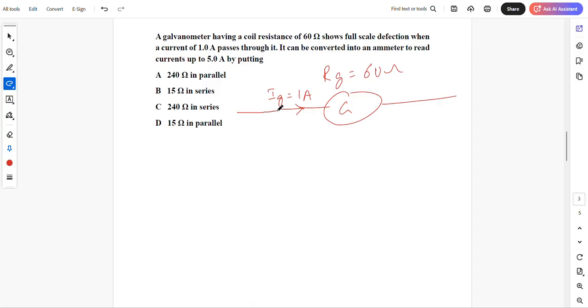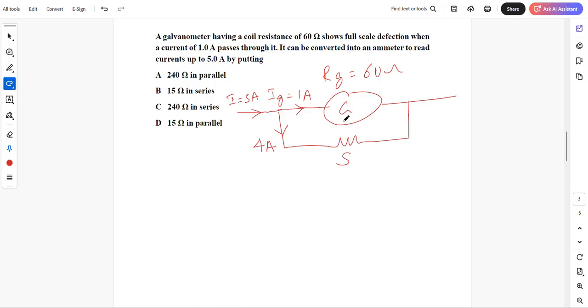Oh, this is very easy. This current I is equal to 5 amperes. How to convert this into an ammeter? Current is through the shunt. How much current is flowing here? 5 minus 1, that is 4 amperes.